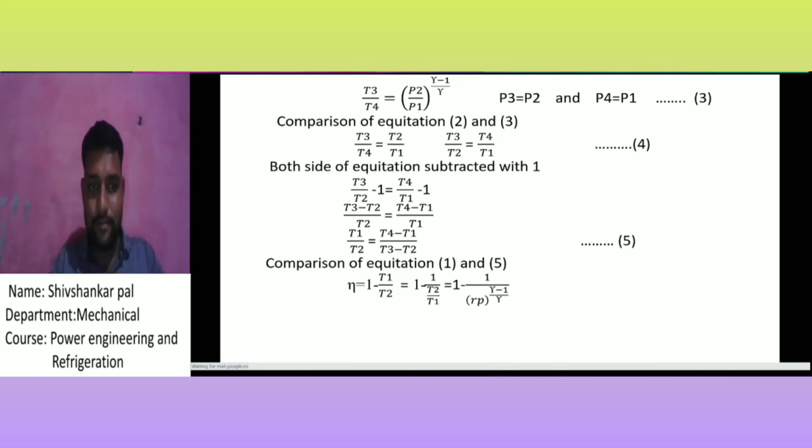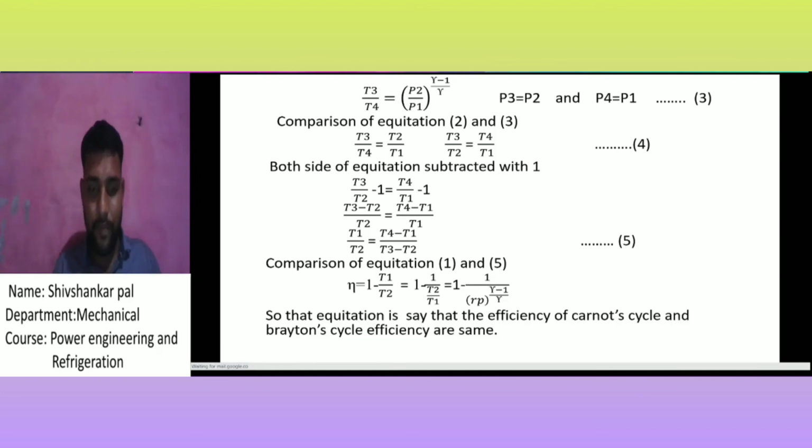That means the numerical value of the efficiency of our Brayton cycle, the Joule cycle, is the same as the Otto cycle and the Carnot cycle. I have proved it here. That equation is the proof of this theorem. The equation says the efficiency of the Carnot cycle equals the Brayton cycle efficiency.